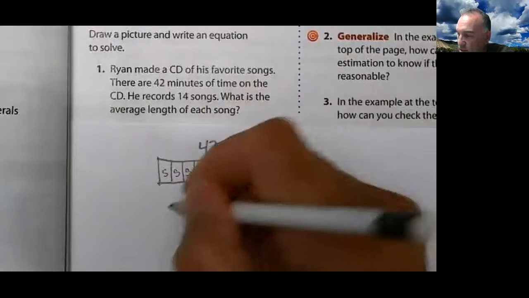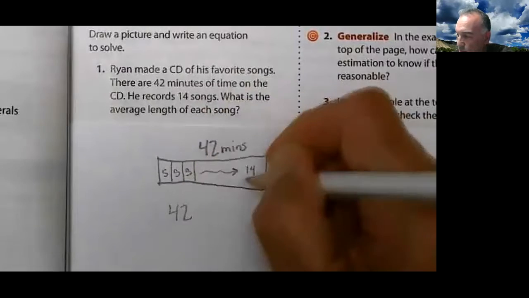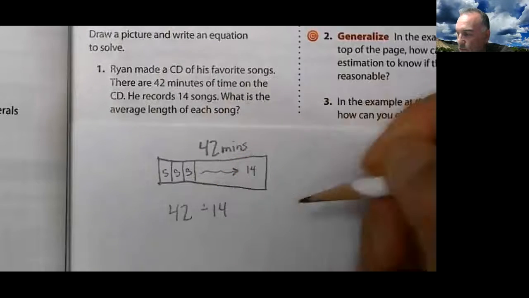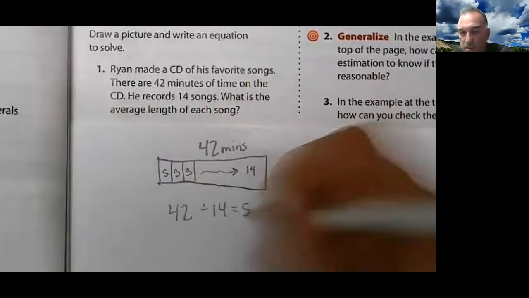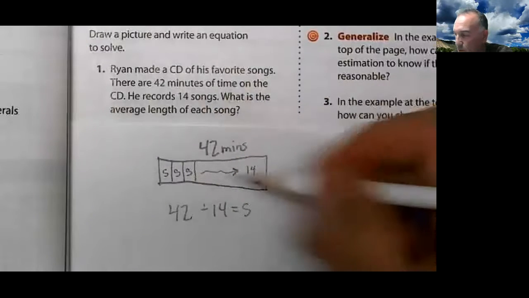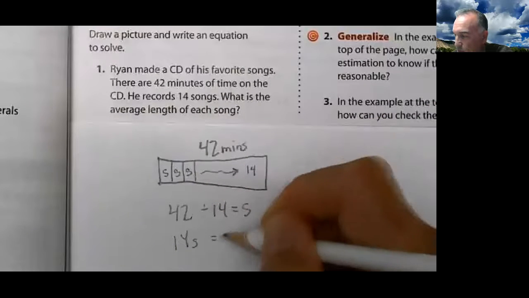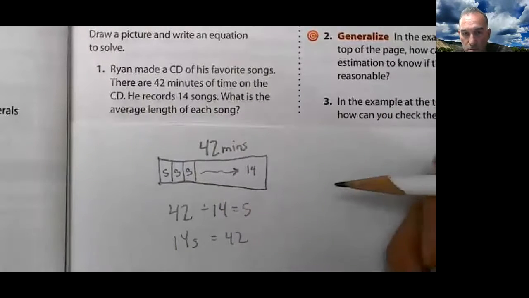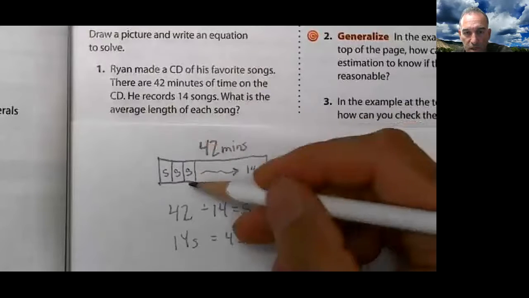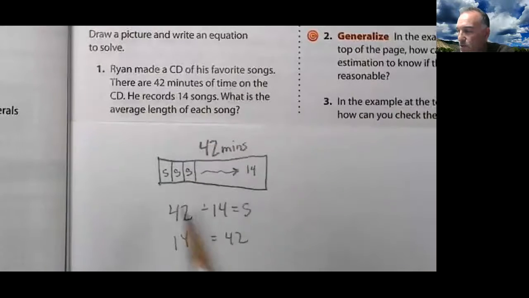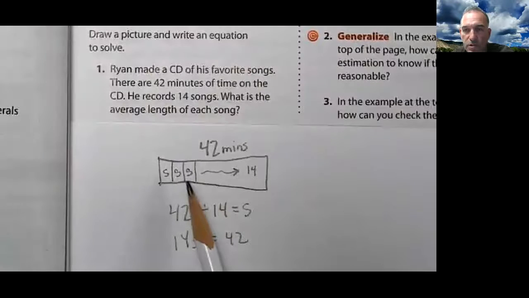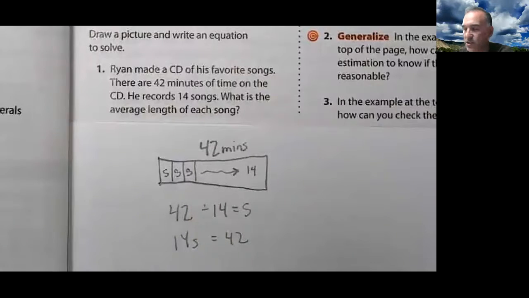So I can still do 42 divided by 14 equals S, or 14S equals 42, or 42 divided by S. Do you see this little shortcut method when you're forced to draw a lot of boxes?